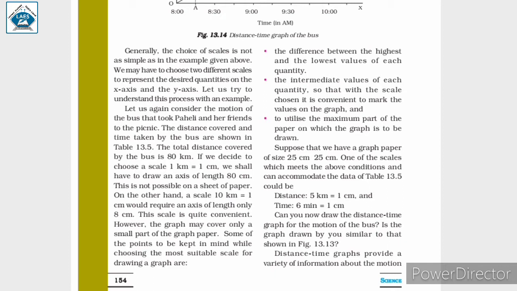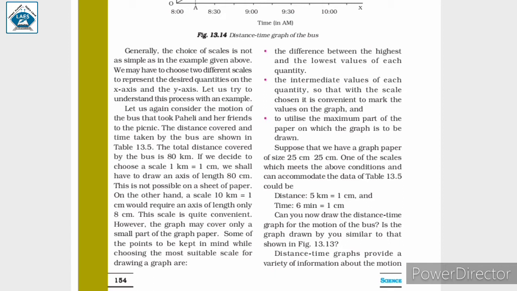Here we will be considering the motion of the bus that took Paheli and her friends to the picnic. As we discussed before, the distance covered by the bus is 80 km. That is, the total distance covered by the bus is 80 km. So just like the previous part, if we choose the scale as 1 km is equal to 1 centimeter, then the length of the axis will be 80 centimeter.